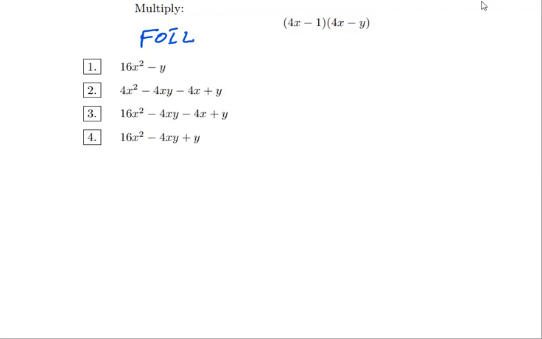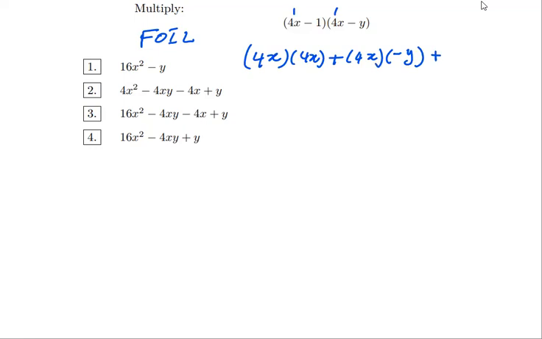So FOIL: the F stands for first term times first term. So we'll do the first term of the first polynomial times the first term of the second polynomial, plus the O is for outer. So we'll do the outer term of the first polynomial, 4x, times the outer term of the last polynomial, minus y, plus I is for inner.